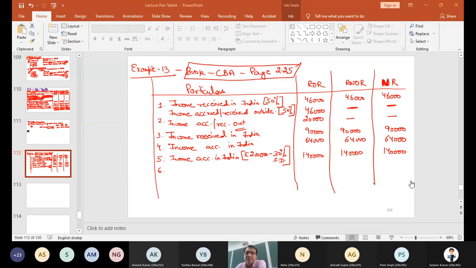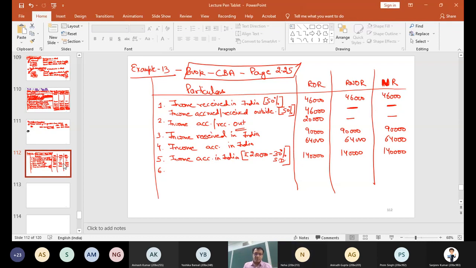Have you checked section 9? Yes, sir. So it is not covered in section 9 also, I think. Then it is taxable for ROR. It is not taxable for NR. And what about RNOR? Taxable, yes, because this is from profession and profession is set up in India.